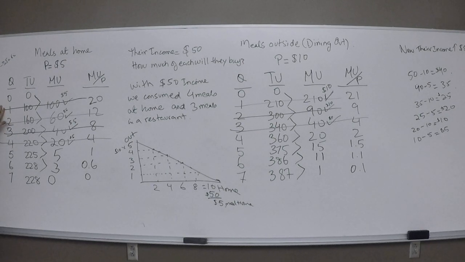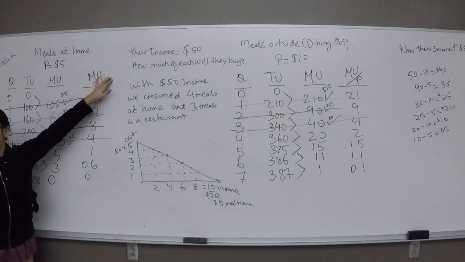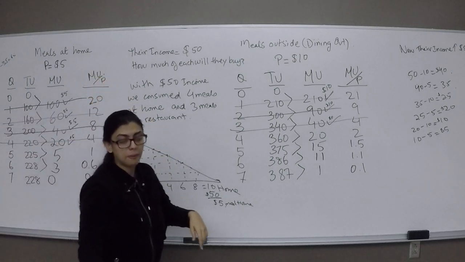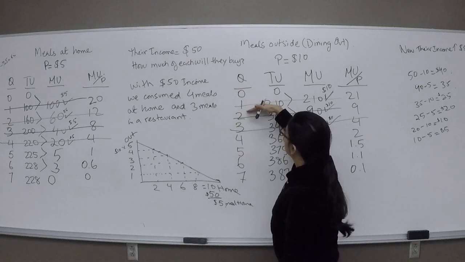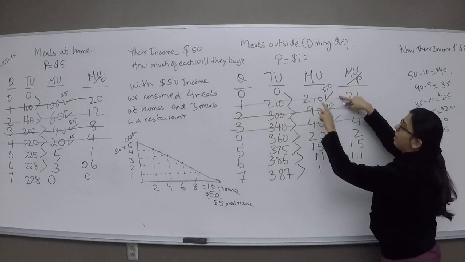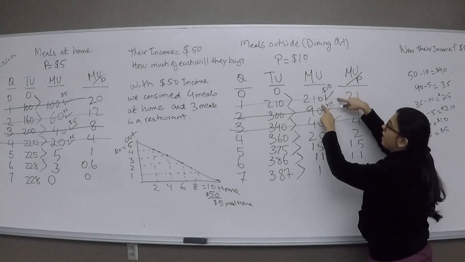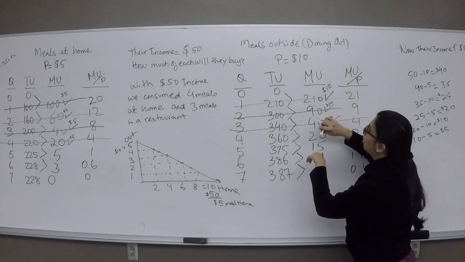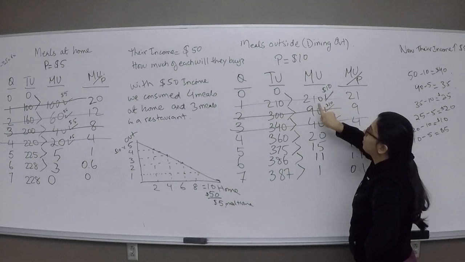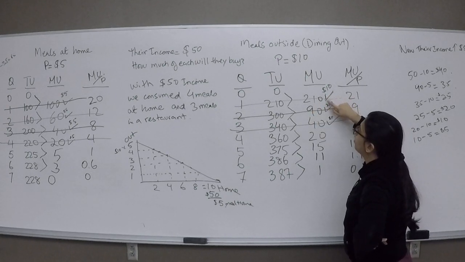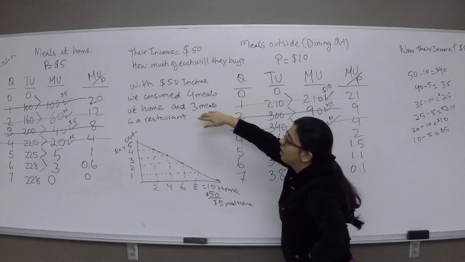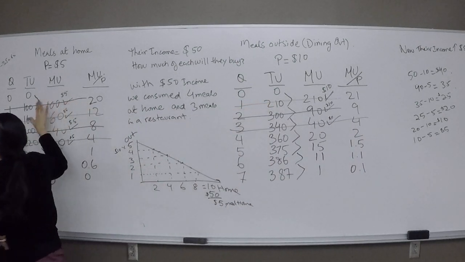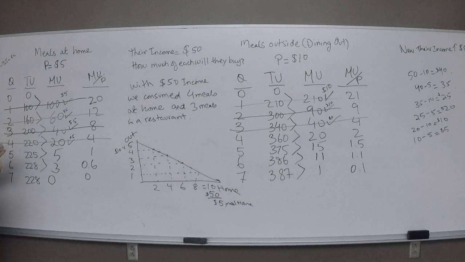So you're always looking for the next greater marginal utility. When you're given a table like that, and you're given an income and money to spend, you go through every quantity and compare the utility. For the first quantity, the marginal utility here was greater, so we consumed this. I crossed it out. We did not consume this one, the first quantity here. So when we are spending our next money, we're considering this quantity because we haven't consumed it.